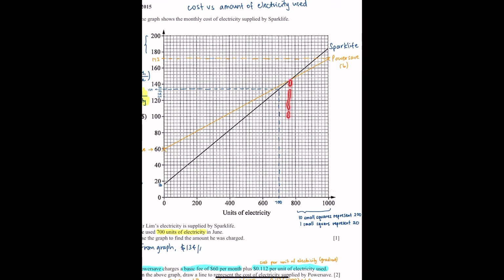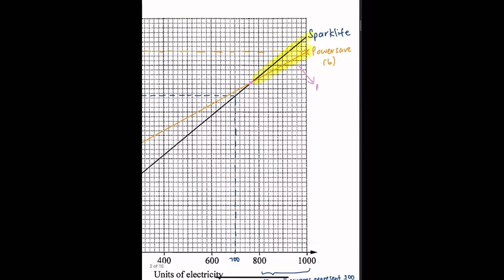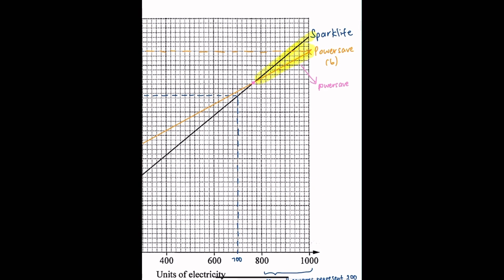This means from this particular value of units of electricity onwards, PowerSave will be cheaper than Spark Life, because take note, the y values on this line are lower than the y values of Spark Life's line, which means the cost is actually lower. So what we need to look at is this part of the graph: PowerSave is cheaper than Spark Life.